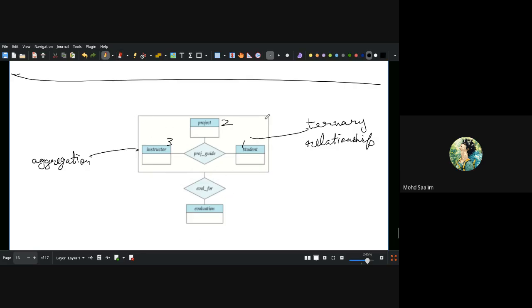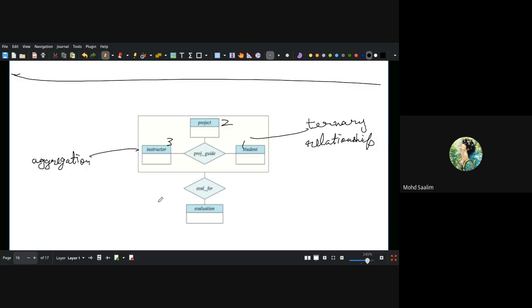We are creating this rectangle, and by this rectangle we are saying that whatever is coming out of this relationship, just treat that output as a single entity and make one more relation with evaluations, and that relationship is eval4. Got it?